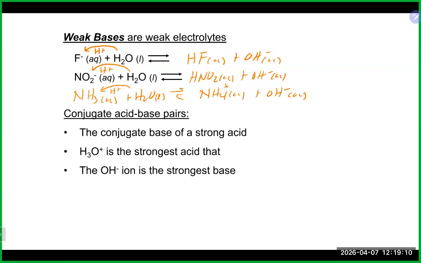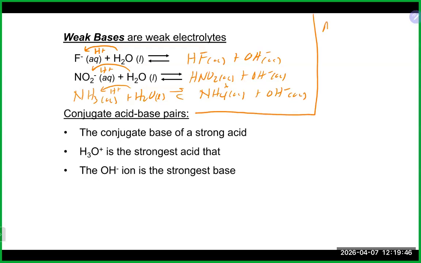Now, the relationship between an acid and its conjugate base, or a base and its conjugate acid, is an important sort of relationship to understand, and we definitely will see this relationship moving forward in this chapter. So the relationship between an acid and its conjugate base partner on the other side of the arrow, or a base and its conjugate acid, is an opposite relationship. And what I mean by that is, we'll make like a little table maybe.